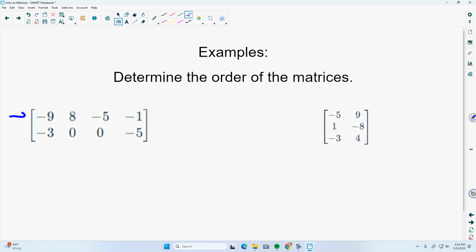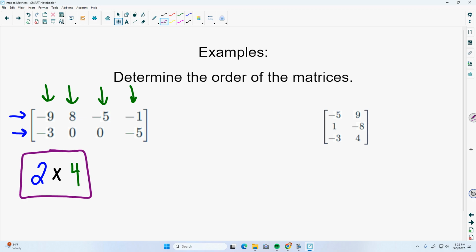So what I see happening here is we've got 2 rows listed first by the number of columns. Columns are the up, down. So I see 1, 2, 3, 4 columns. So we would call this a 2 by 4 matrix.